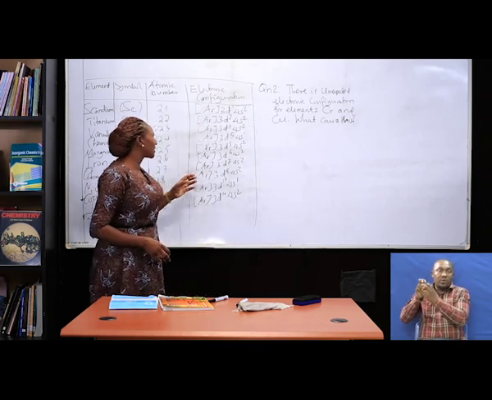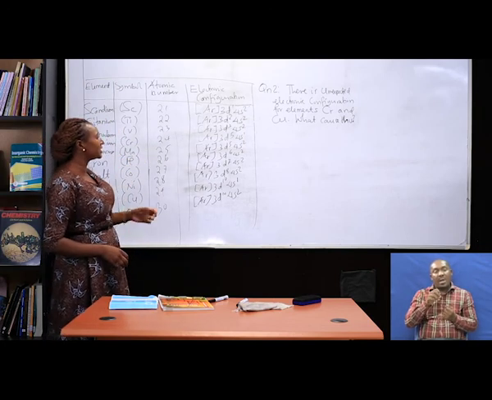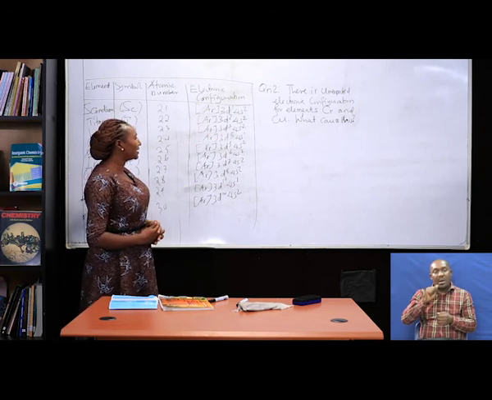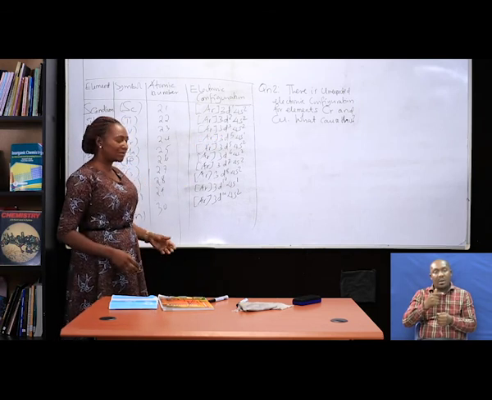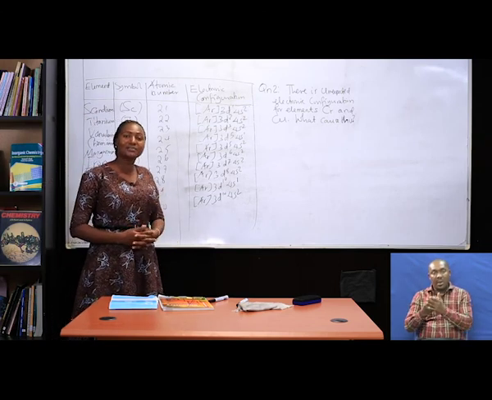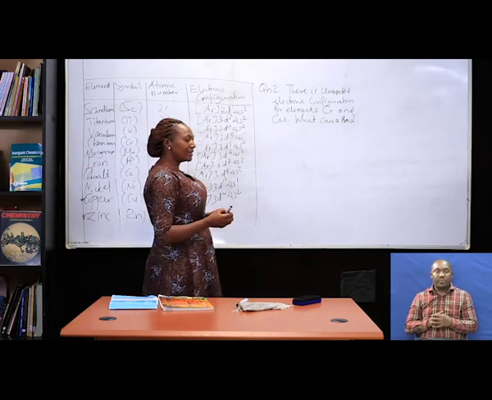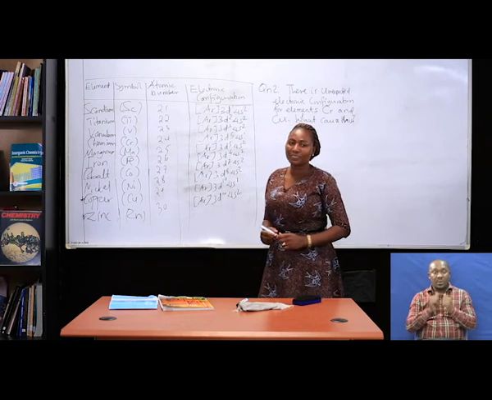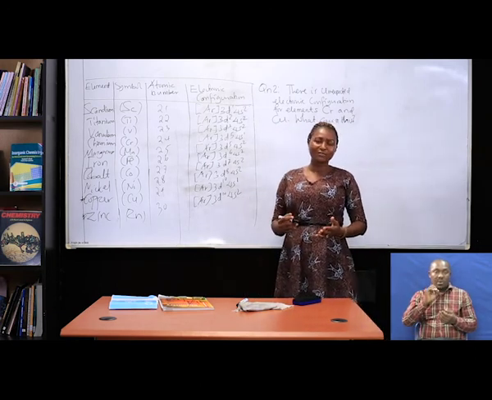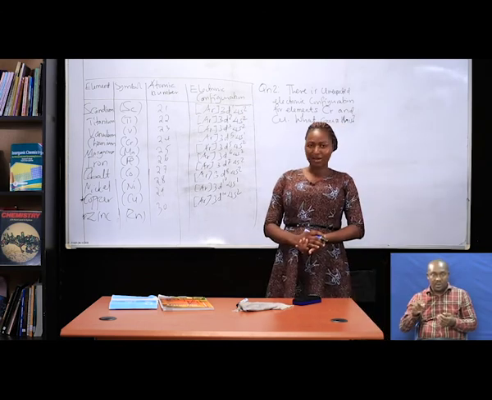Chromium's electronic configuration is written as argon 3d5 4s1. But when you come to copper, it is written as argon 3d10 4s1. You can ask yourself, what caused these elements to have unexpected electronic configuration, and what is the expected one?